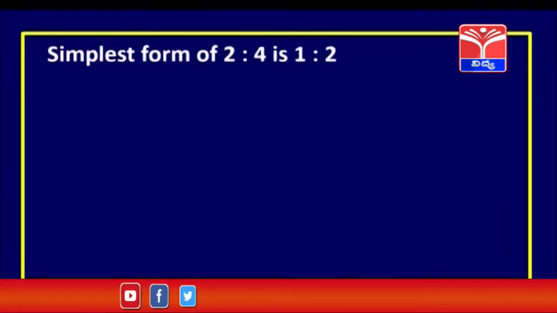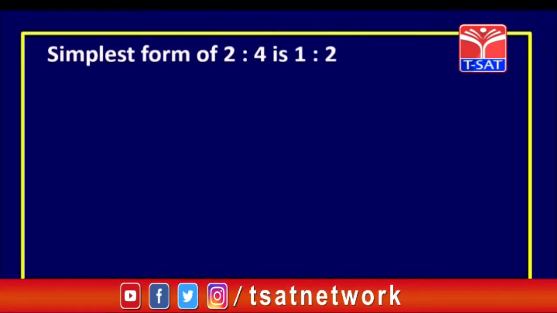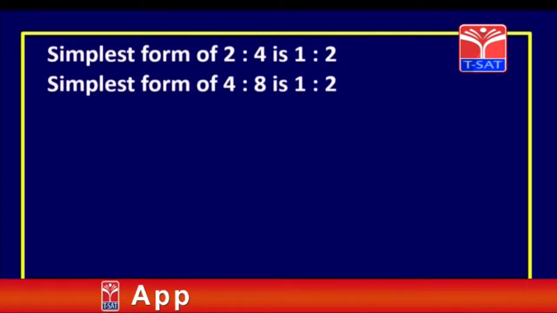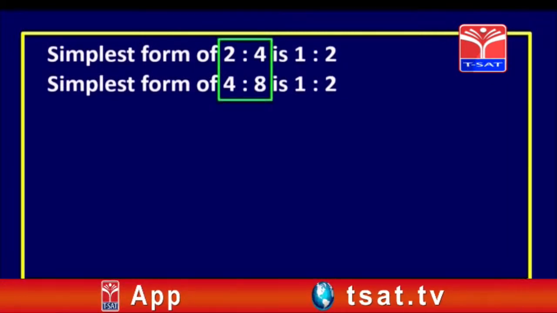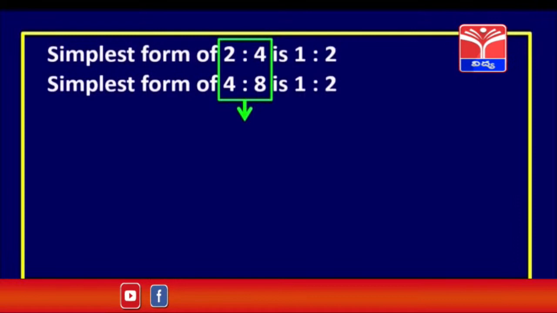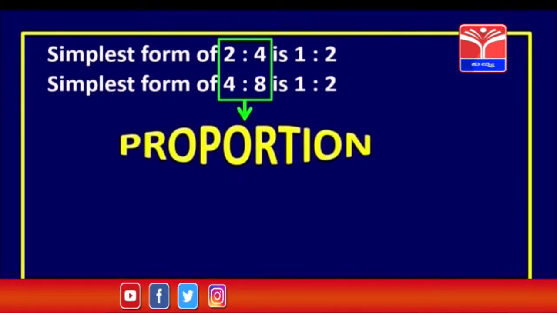Now, so children, let us conclude from the above example. The simplest form of 2:4 is 1:2. Similarly, the simplest form of 4:8 is 1:2. And we have seen this 2:4 and 4:8, they are, yes, equal ratios, isn't it, children? And these are said to be in proportion.